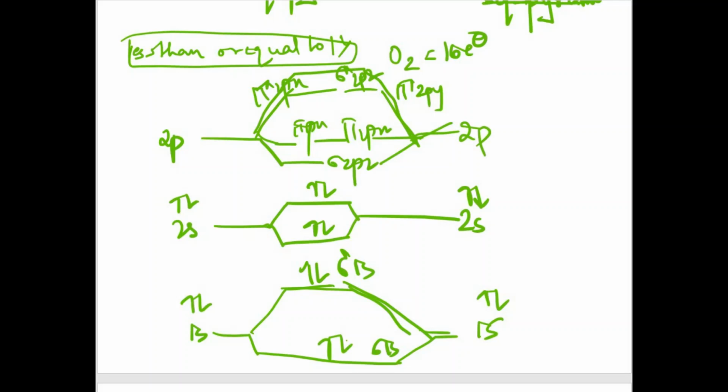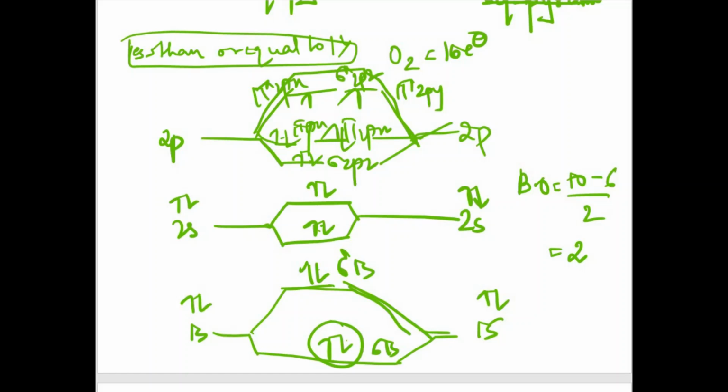Now fill 2, 4, 6, 8, 10, 11, 12, 13, 14, 15 and 16. So our bond order becomes the number of electrons in bonding, 2, 4, 6, 8, 10, minus the number of electrons in antibonding, so that is 2, 4, 5 and 6, divided by 2. That is a bond order of 2 for oxygen. So oxygen has a double bond.